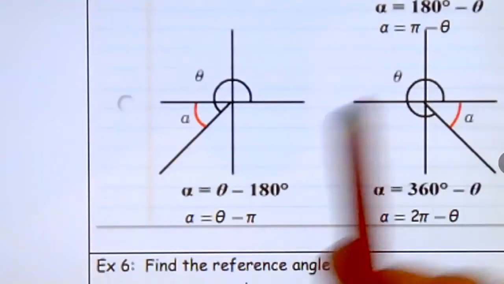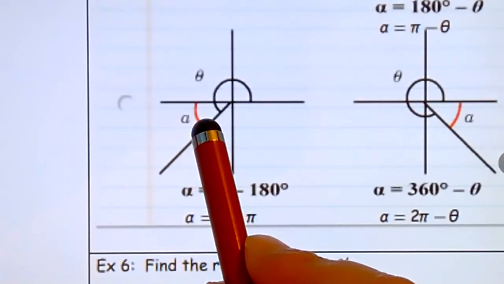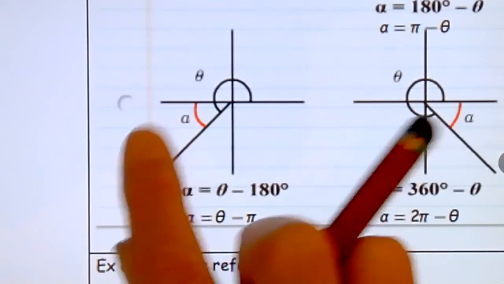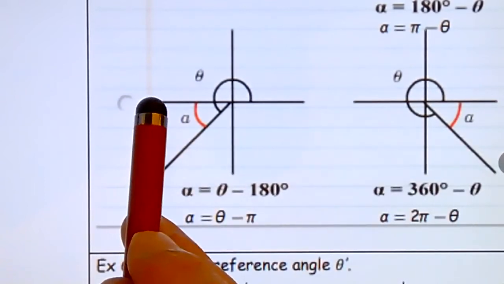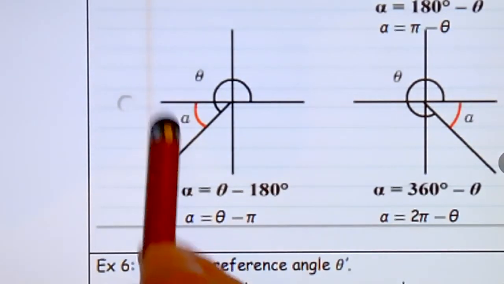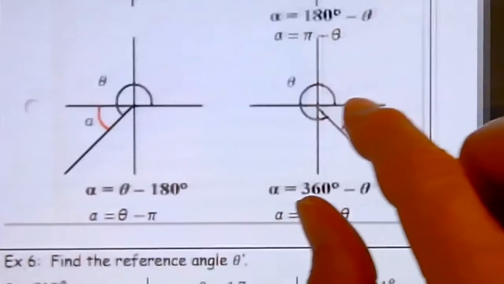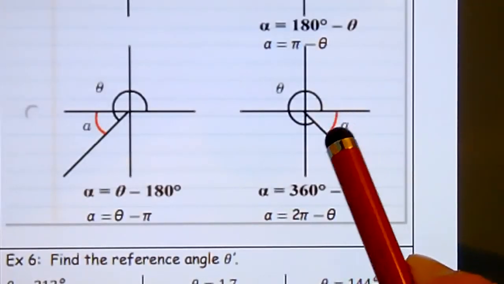Over here, when I'm in this quadrant, again, how far beyond 180 did I go? Well, I'm going to take this angle minus 180, or I'm going to take this angle minus pi. How far am I off? Similar idea over here, okay? How far am I from my x-axis?